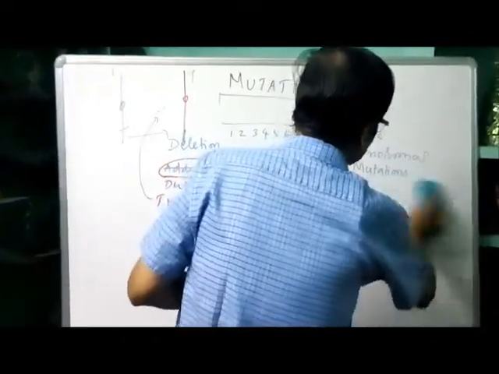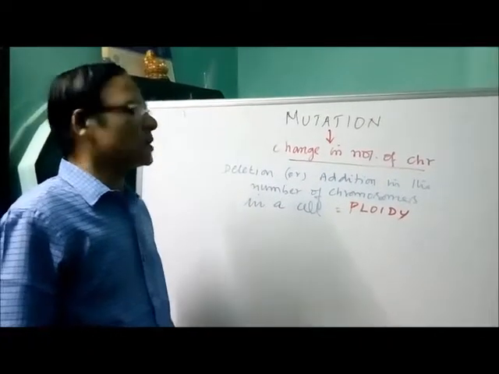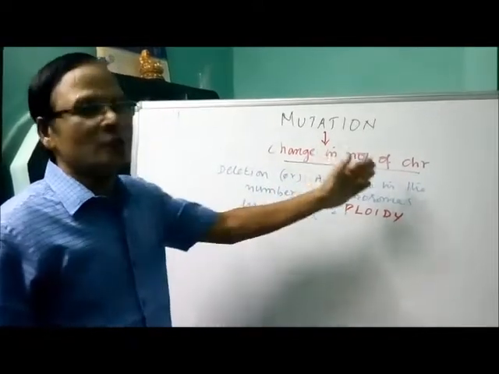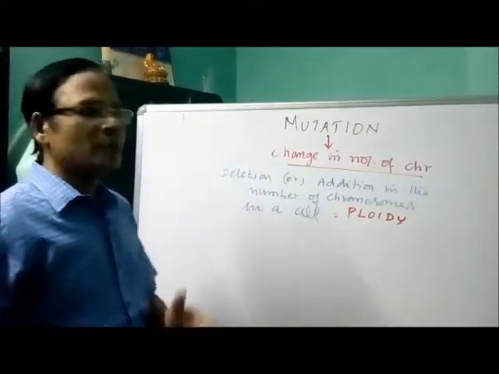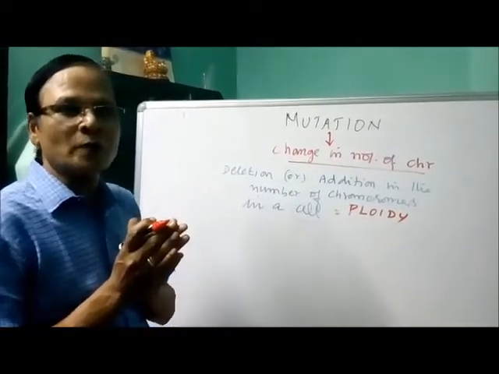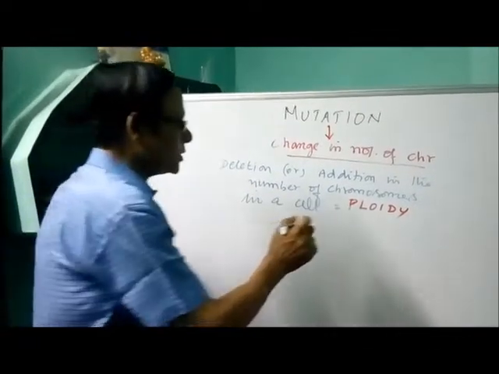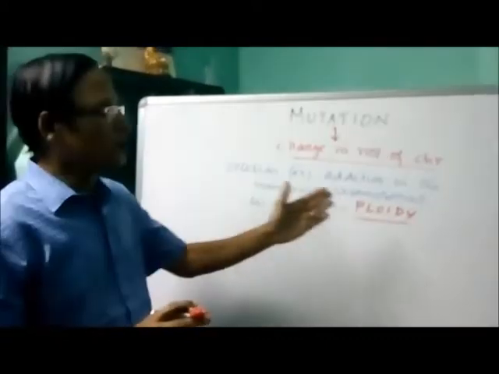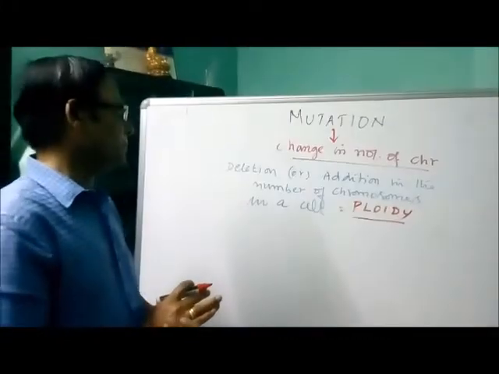Now the next part of mutation is mutation due to change in number of chromosomes. When there is a change from the normal diploid set, the phenomenon is called ploidy.